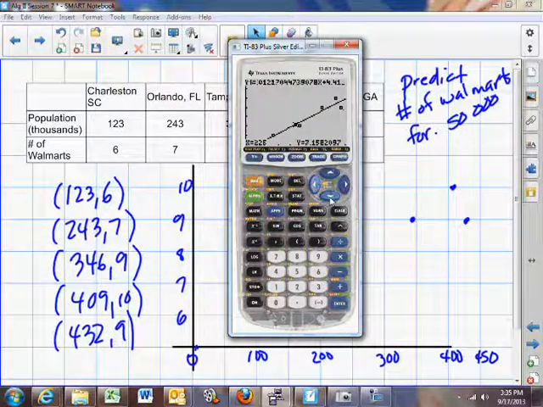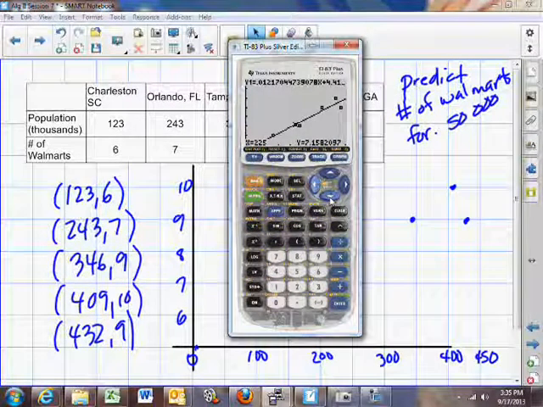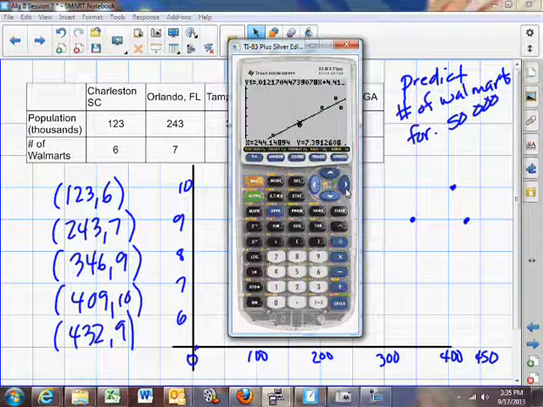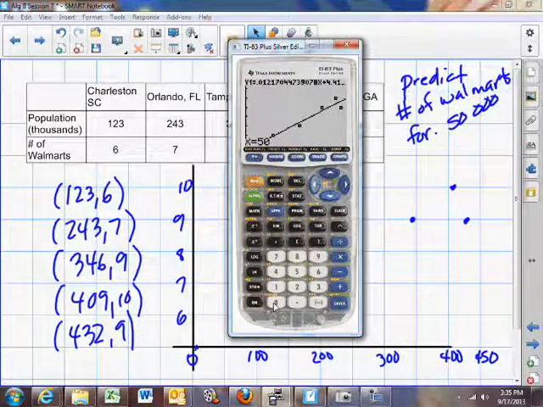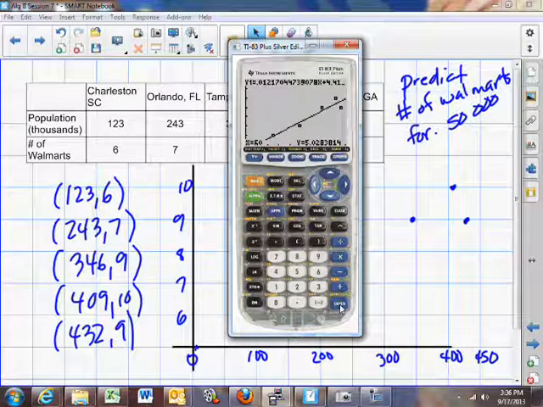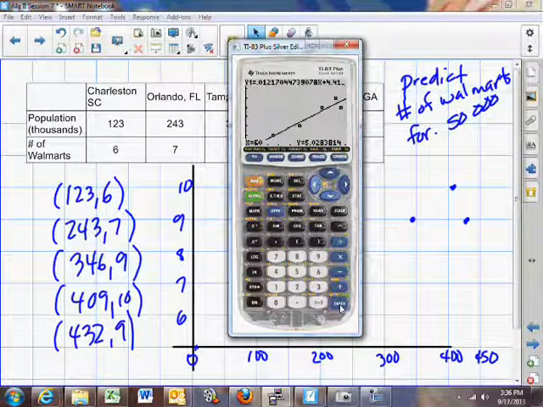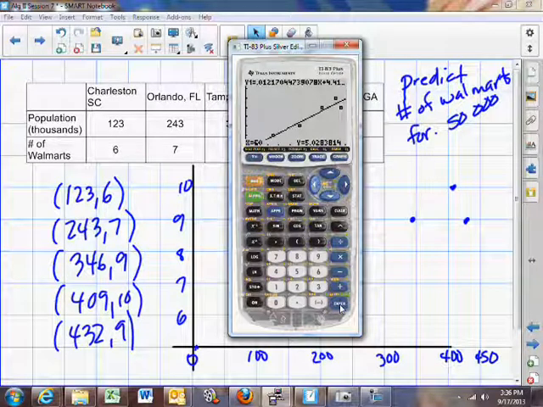The down arrow will get the blinker on the line. Now, if you press the right arrow, notice it goes up and down the line like we're expecting it to. But now, what we want to know is what y is matched with 50 for x. So if we just type the 50 in at this particular point, notice the calculator accepts that as an x, and when you press enter, it'll tell you y. So we would expect a community with 50,000 people would have approximately 5 Walmarts.